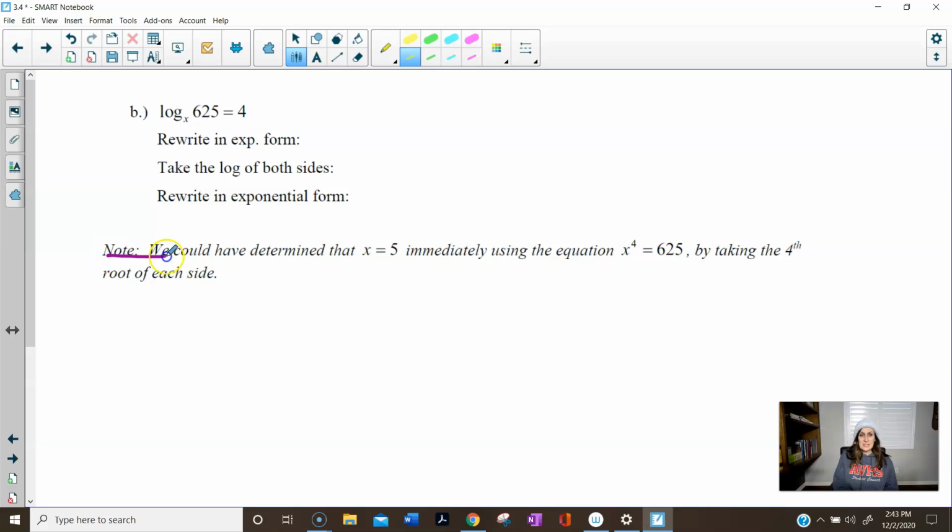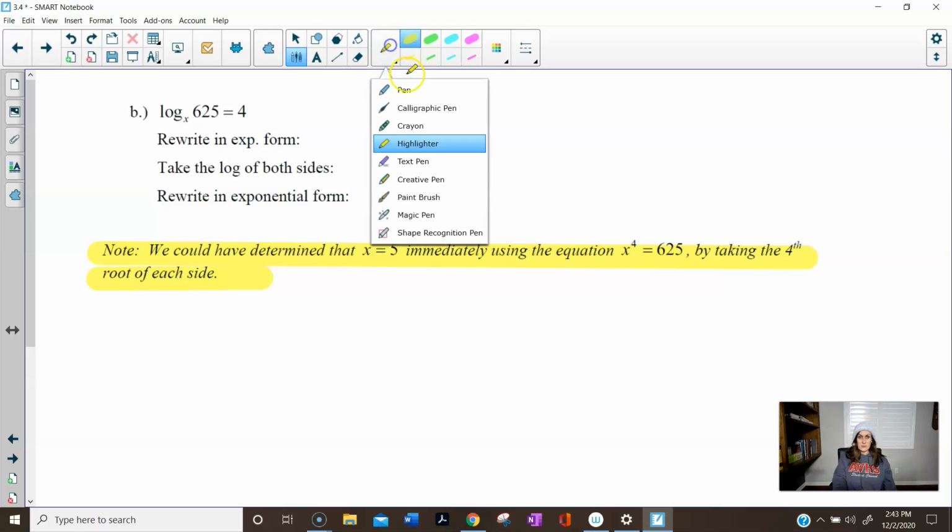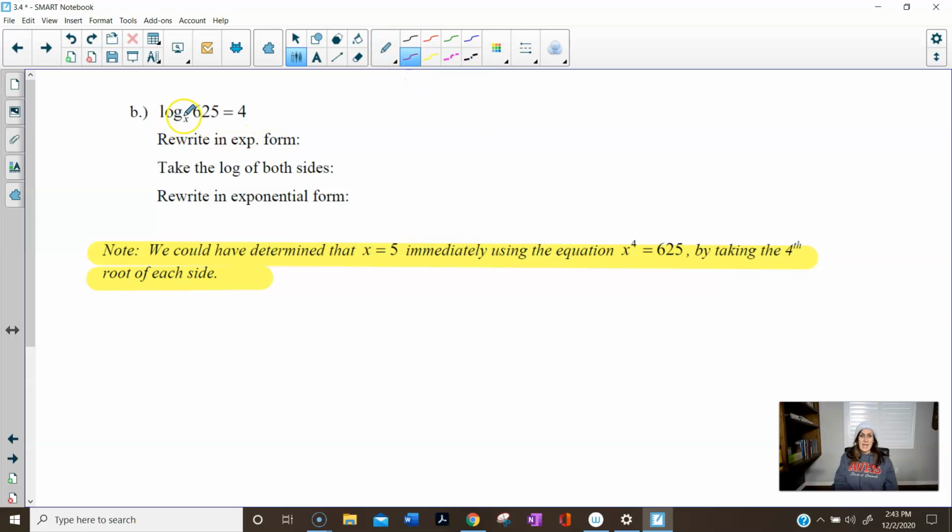So this one, there's more than one way to do the problem. I actually like doing it this way that they give us in the note, which is x to the 4th equals 625. So let me show you. Log base x of 625 equals 4. I'm going to change it to exponential form. So the base is x. The power is 4 because a logarithm is always equal to an exponent. So there's your exponent, there's your base, here's your answer.